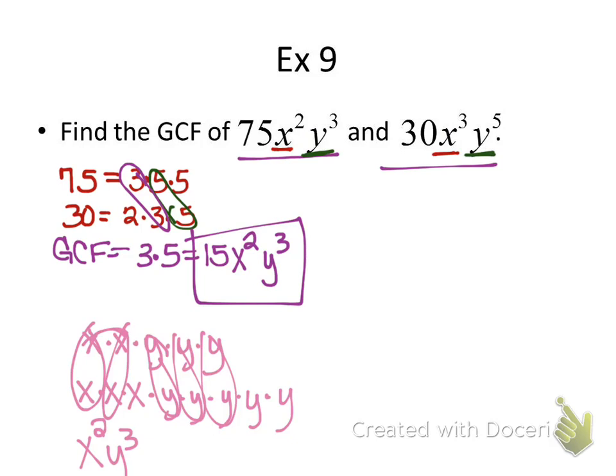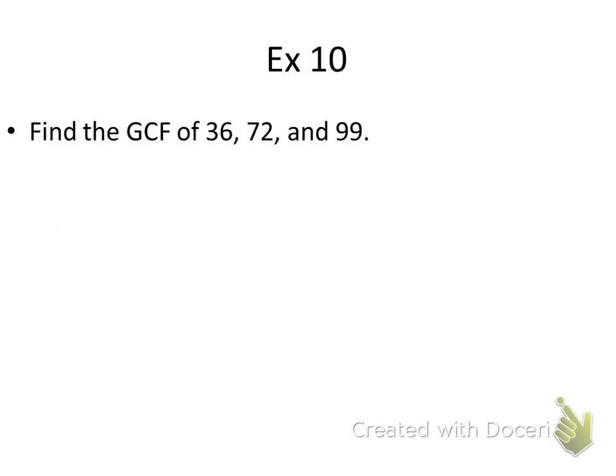Okay, let's take a look at example number 10. So now we're going to deal with 3 numbers. We're going to follow the exact same steps of what we've done already, but now you have 3 numbers. So 36, 72, and 99. Find the greatest common factor of 36, 72, and 99.